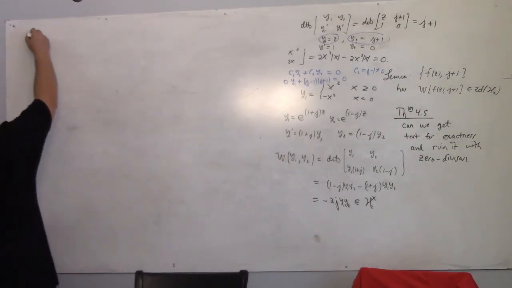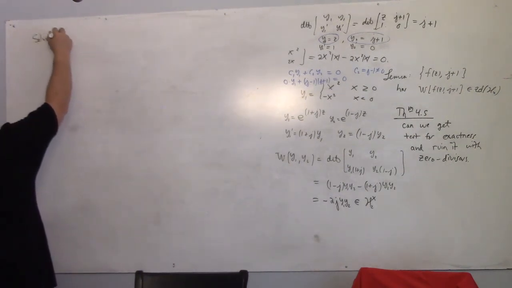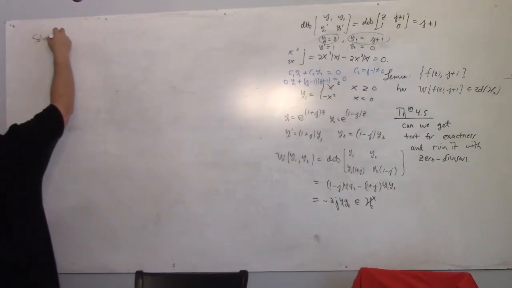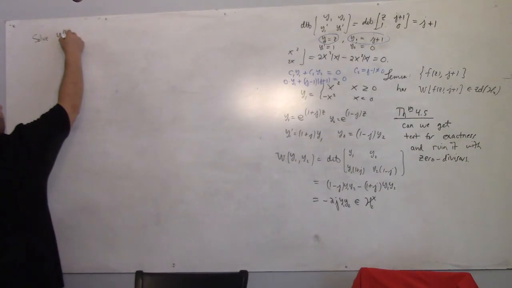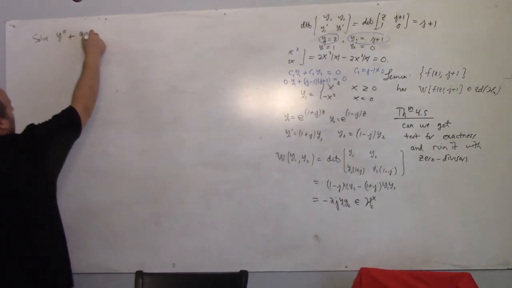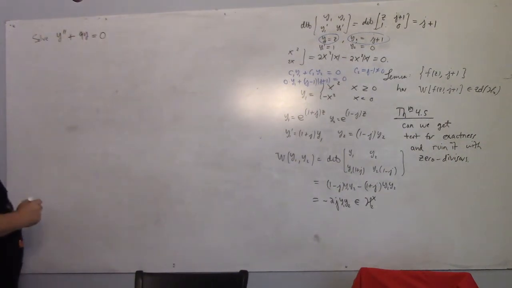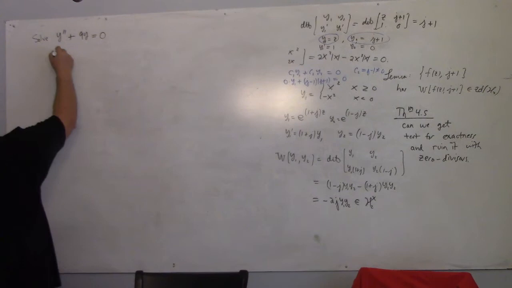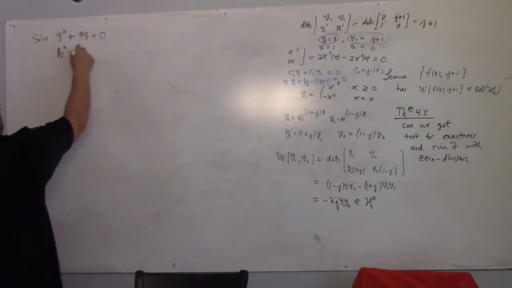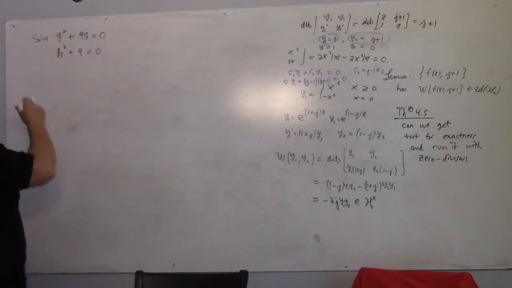So you want to solve something like y'' + 9y = 0, right? You say, all right, characteristic equation, k squared plus 9 equals 0.